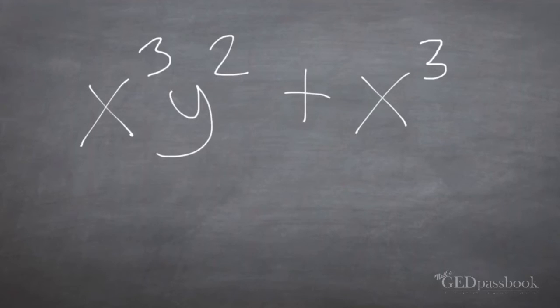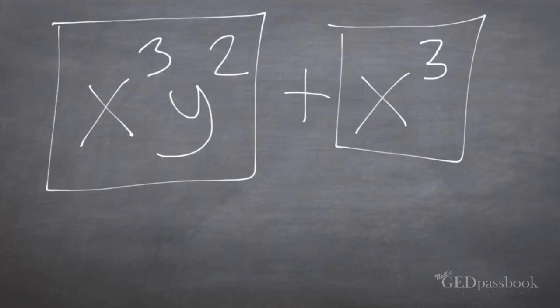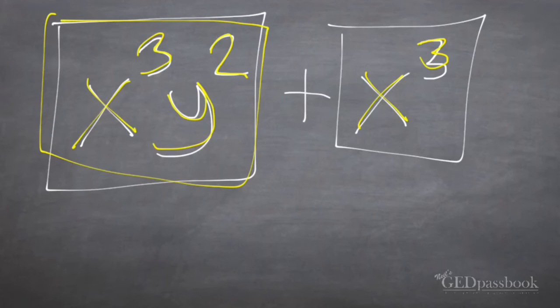The reason being is that this thing is one whole thing, and this is one whole thing, which means in combining like terms, you can only combine it when it looks identical, all right? x3 might match this x3, but if you don't spot it, this y2 is connected with this x3 over here. And looking at it from a common sense point of view, x3y squared is not the same as x3. All right, they are not.